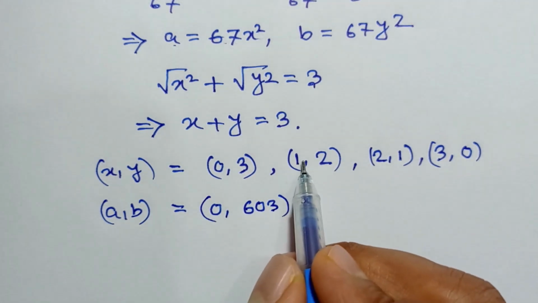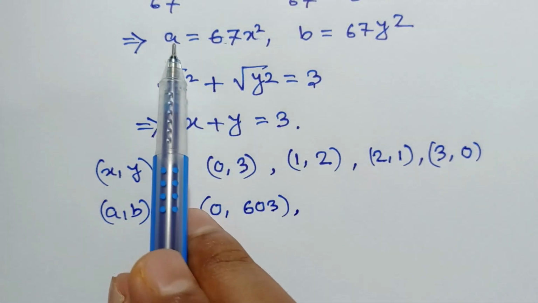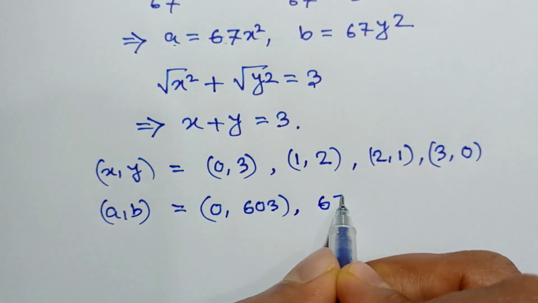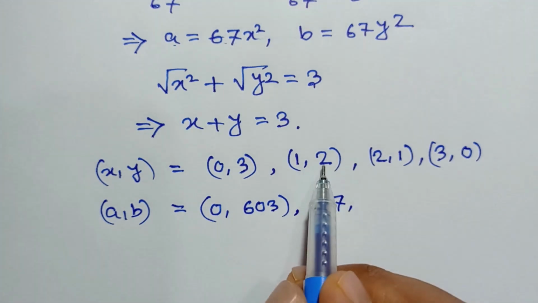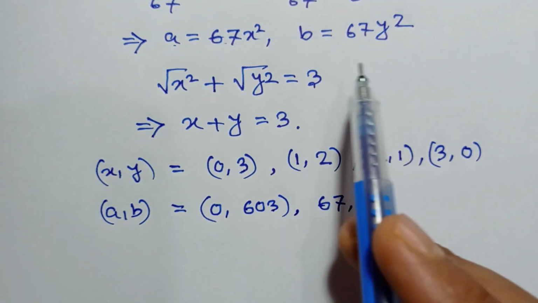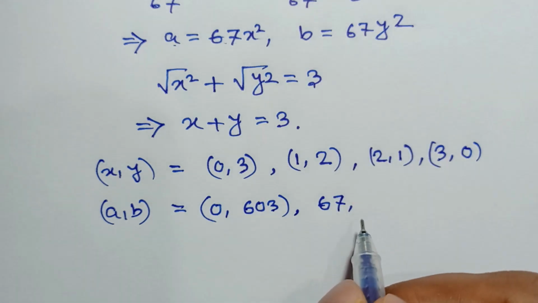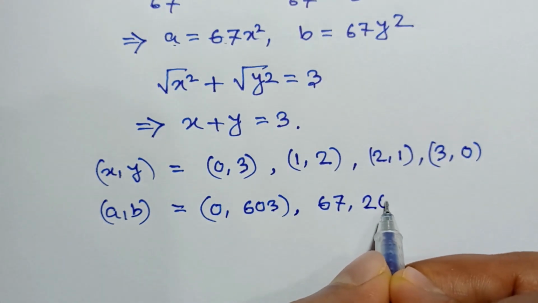When x is equal to 1, then a will be 1 times 67, which is equal to 67, and when y is equal to 2, then b is equal to 2 square, 4 times 67, which is equal to 268.